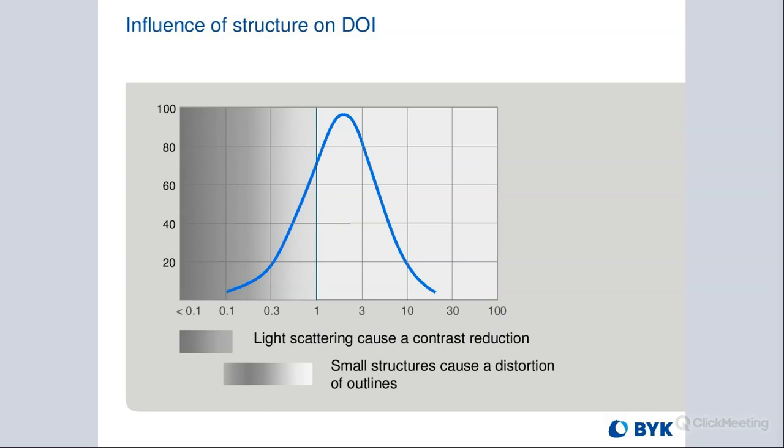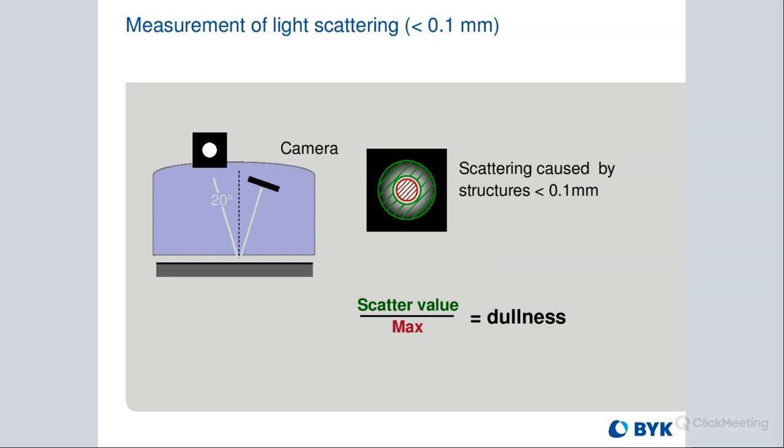What we haven't talked about yet is the dullness value. In the beginning, when I showed you the graph, you could see the WA through WE, but there was nothing under 0.1 millimeters. Under 0.1 millimeters, there's a lot of light scattering. Again, you can't see the individual waves with your eye, but it does give you a fuzzy appearance.